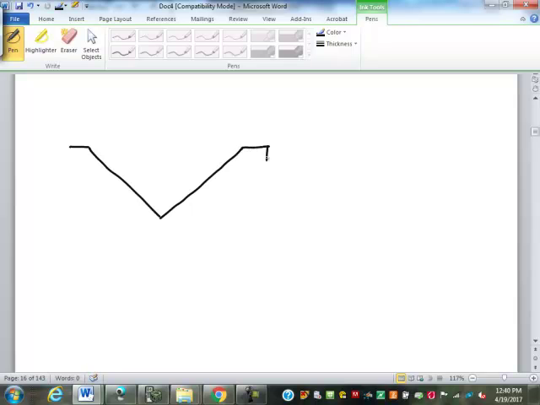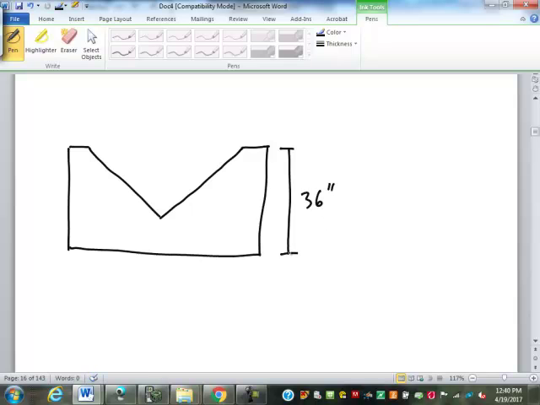There, like that. Now I simplified this frame a little bit to make it easier to deal with. It comes down to a point. Most of the time there would be a flat portion on bottom, but it's simpler if we make it come to a point. This height here is 36 inches. Let's say this height here is going to be 4 inches.